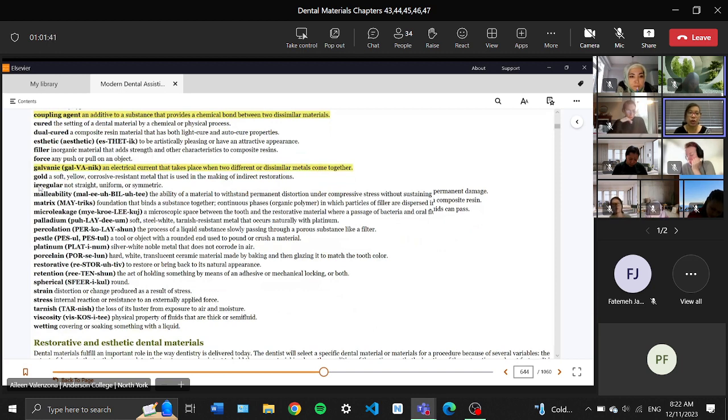Irregular, not straight, uniform, or symmetric. Malleability, the ability of a material to withstand permanent distortion under compressive stress without sustaining permanent damage.